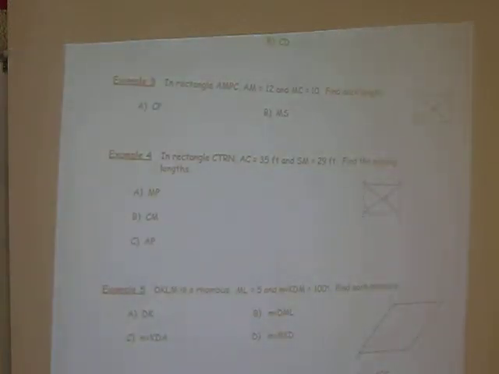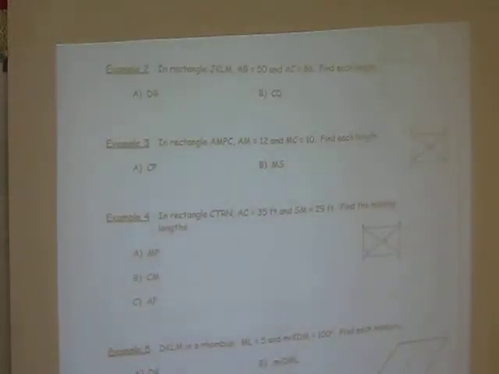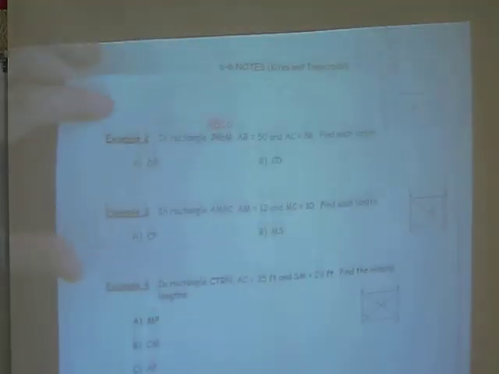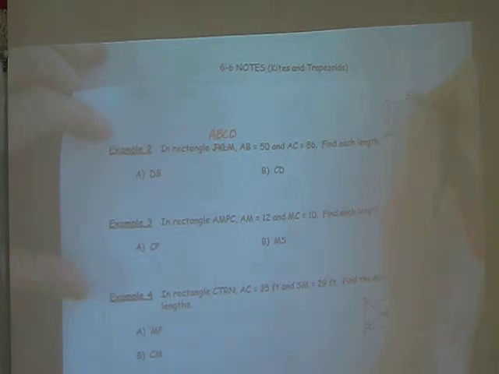On to the next page, we have a rectangle at the top. And it says in rectangle JKLM, that should be ABCD. Sorry about that. AB is 50. We're going to label that right there.